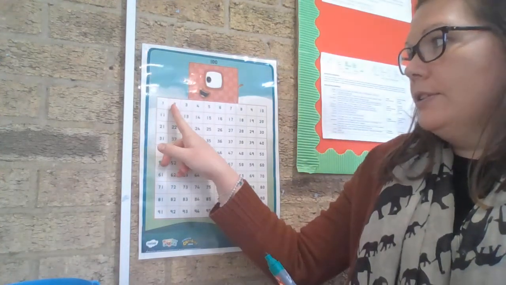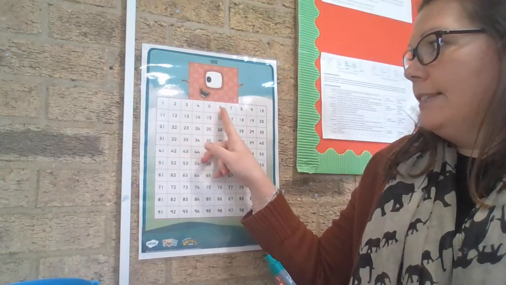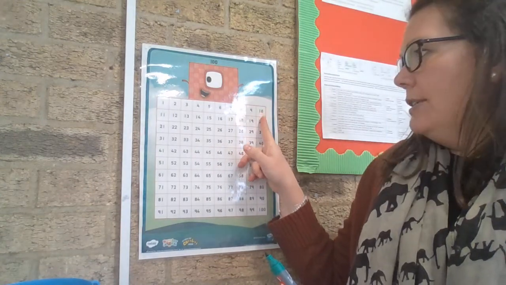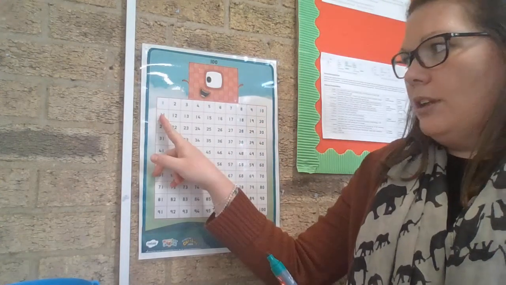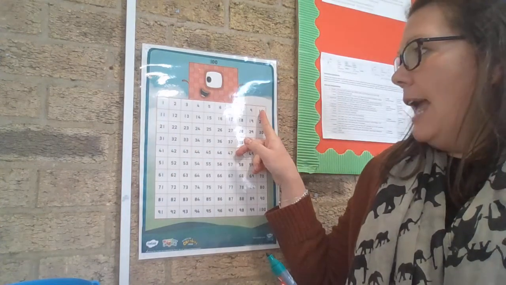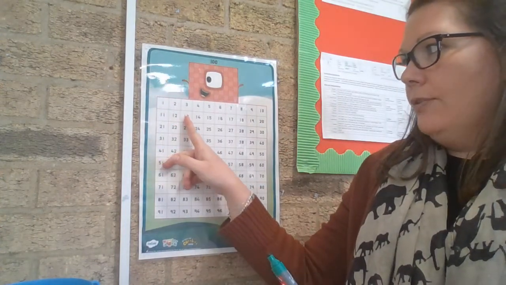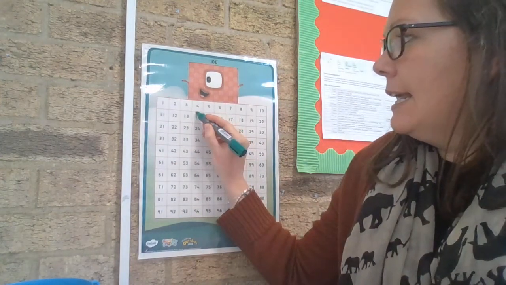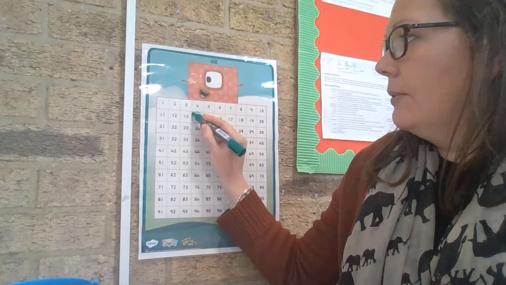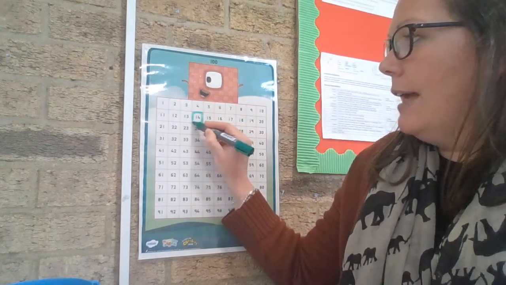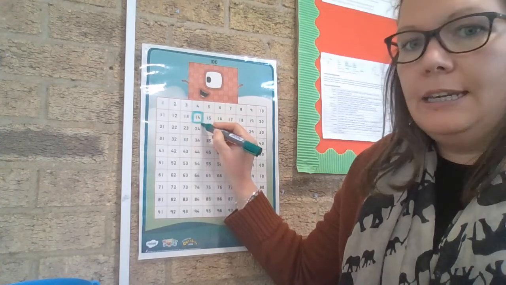So 1, 2, 3, 4, 5, 6, 7, 8, 9, 10. Now where do I go? Do I go down here or do I start back at the beginning again? That's it, I start back at the beginning. So 10, 11, 12, 13, 14. And I'm going to give number 14 a big circle. Can you see that I've circled number 14? I've actually gone round the square so you can see it on my video.